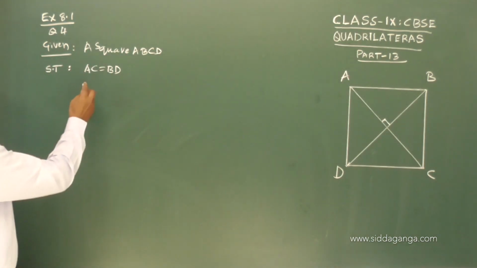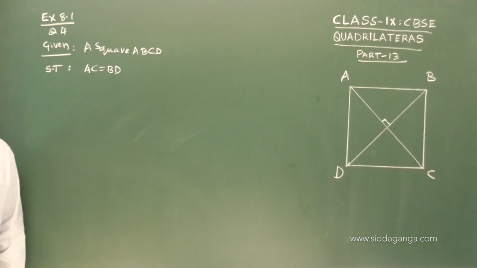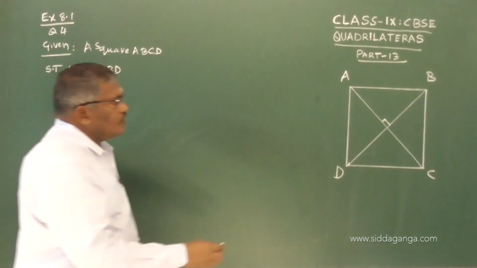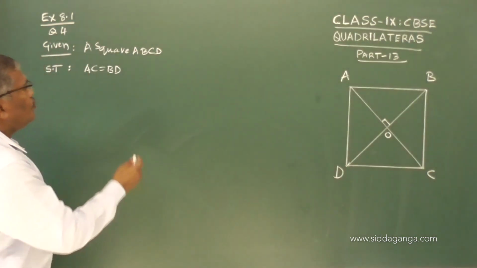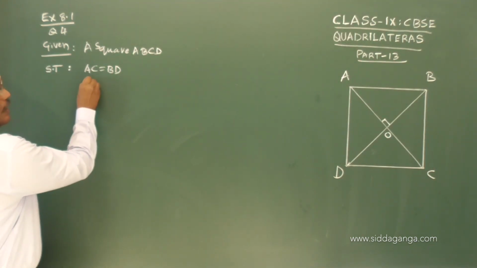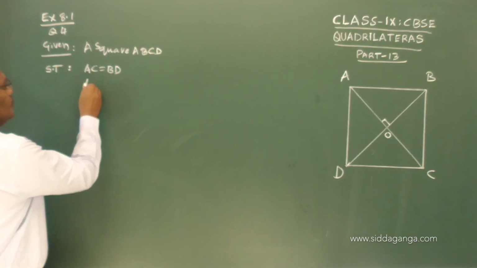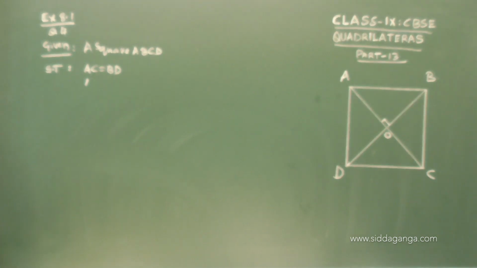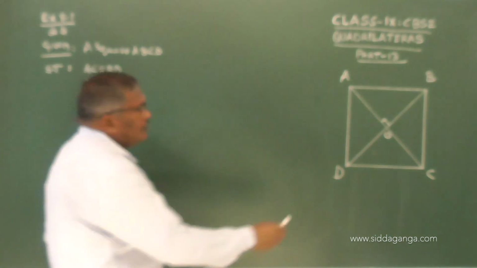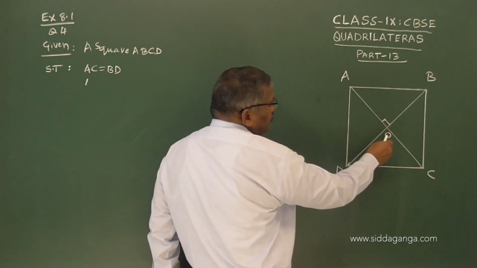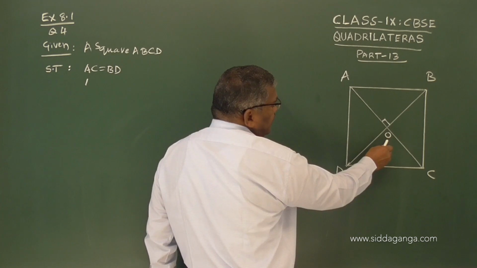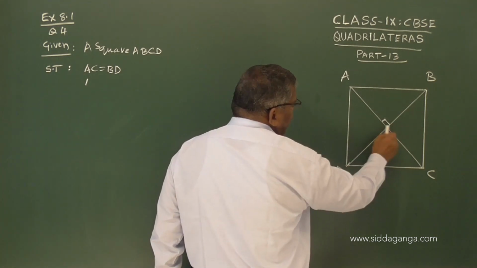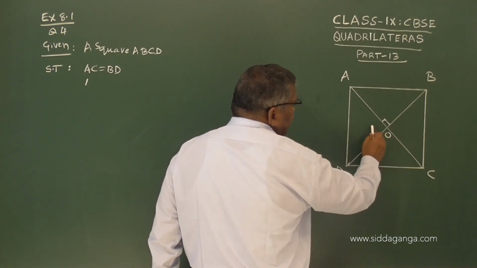So if they intersect at, if I call this as O, then to show that angle AOB, you can prove any one of the angles. If this is 90 degree, then opposite will be 90 degree, total becomes 180, and these two are vertically opposite, they are also equal.